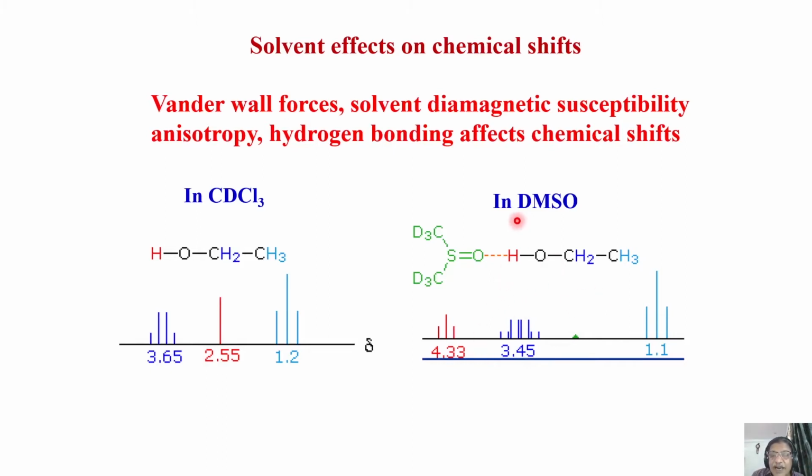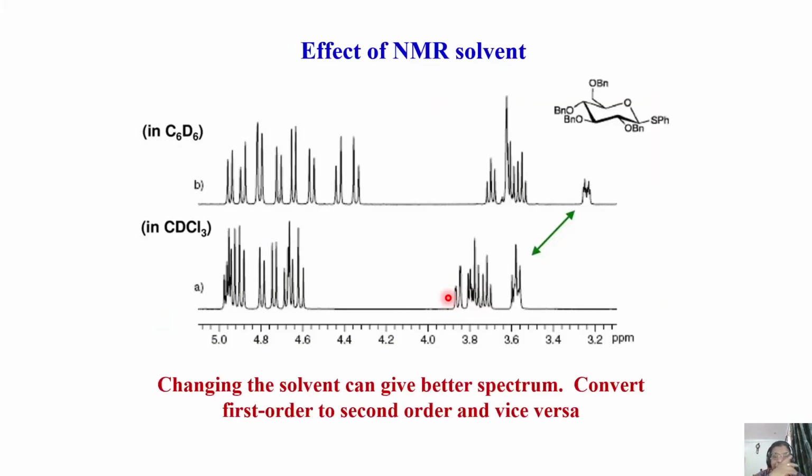It means this proton can interact with this CH2 and make this quartet into two sets of quartets, which we will understand in the next class about coupling interaction. Similarly, this will interact with this. Instead of one peak, it makes this a triplet. This is the effect of hydrogen bonding; it sometimes affects the chemical shifts, and you will see all this information.